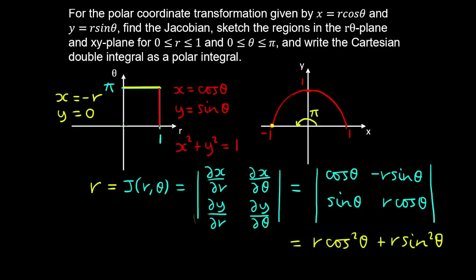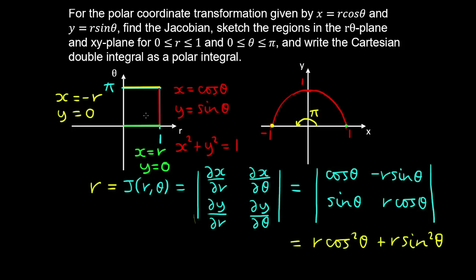And similarly for this boundary line, we have theta is equal to 0, so x is equal to r, and y is equal to 0. So for r is equal to 1, x is equal to 1, and y is equal to 0. So we get this point at theta is equal to 0.